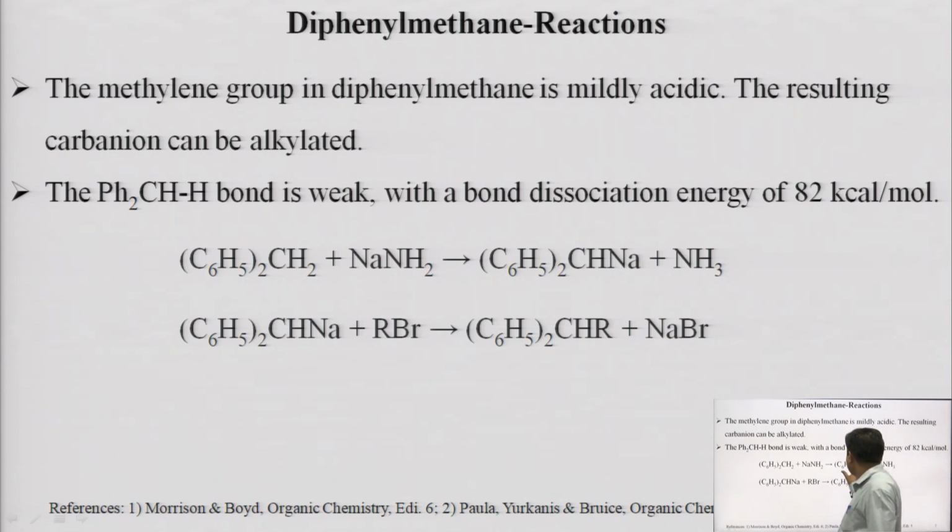When this sodium salt of diphenyl methane is reacted with an alkyl bromide, the sodium metal gets removed from the salt and the alkyl group is added, and we get alkylated diphenyl methane along with one molecule of sodium bromide.